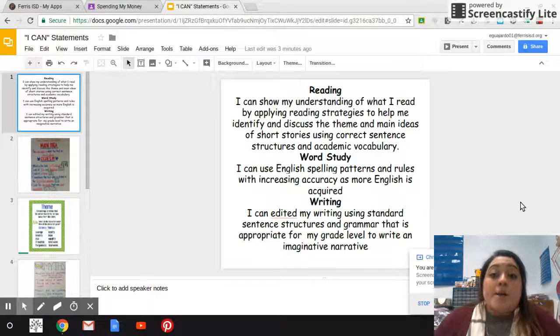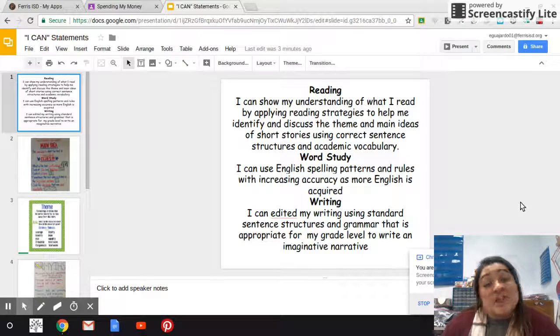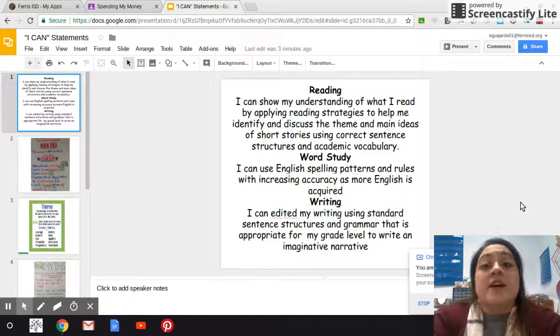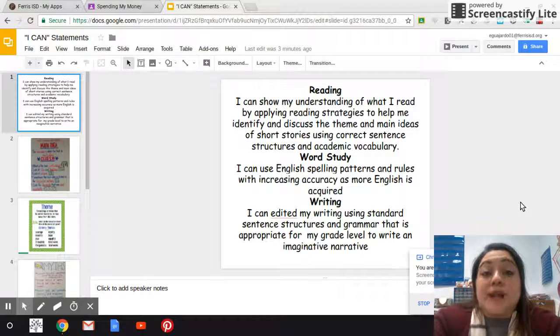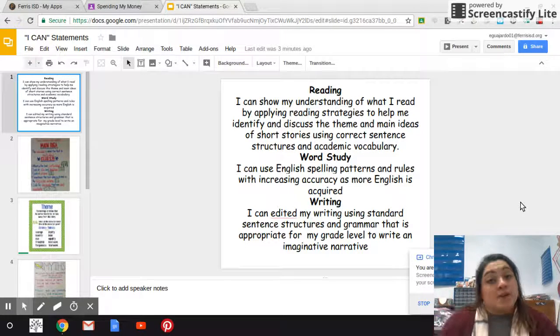And so I'm going to go ahead and read our I can statements today for reading, word study, and writing. It says, I can show my understanding of what I read by applying reading strategies to help me identify and discuss the theme and main ideas of short stories using correct sentence structures and academic vocabulary.